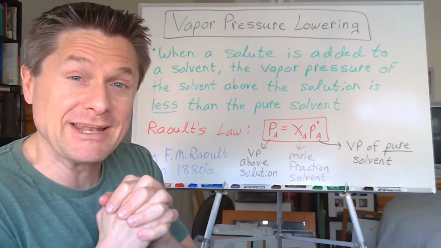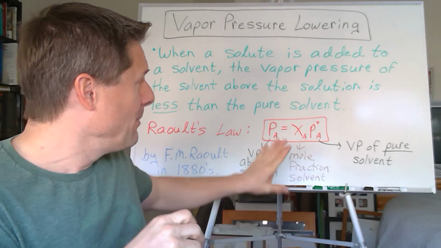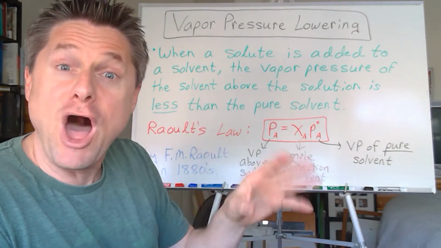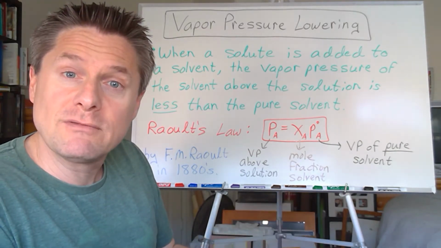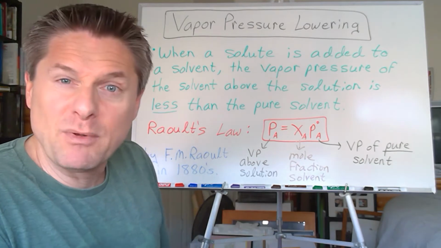We'll get to molality in a little bit for freezing point depression and boiling point elevation. But we can think of this as a solvent where you put in some non-volatile solute that doesn't add to the vapor pressure. We could also look at this if you mix a couple of volatile liquids.